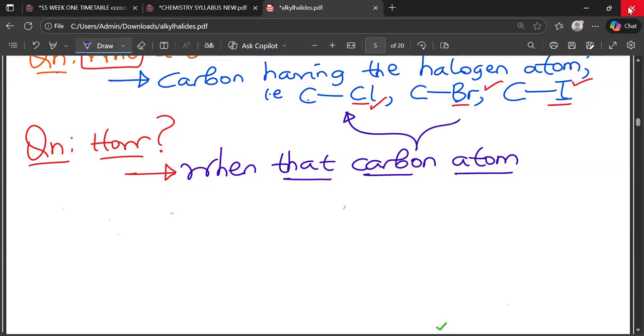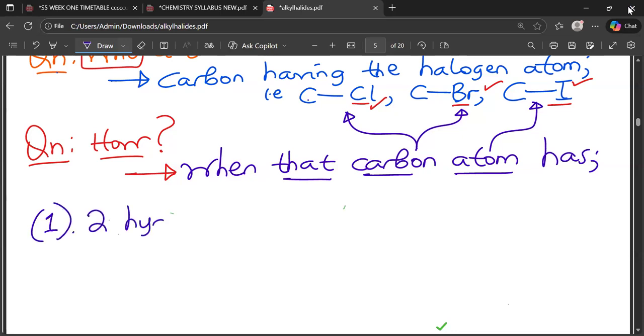The one having the Br, the one having the Cl, the one having the I. When that carbon atom has, I want you to listen, 3 or 2 hydrogens.